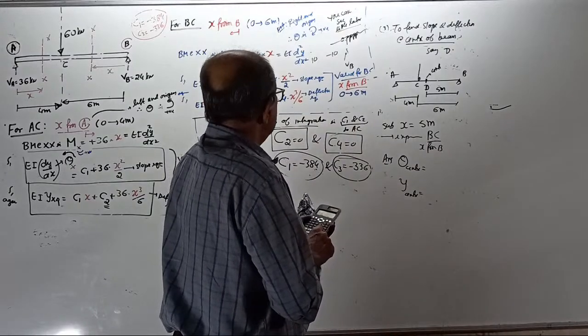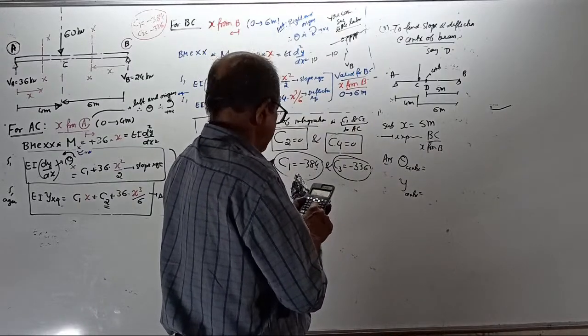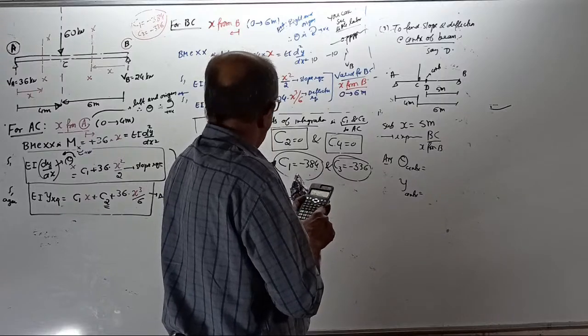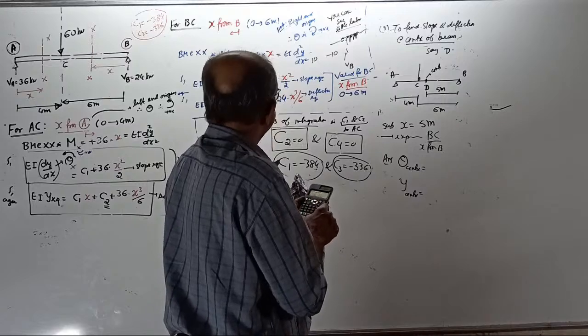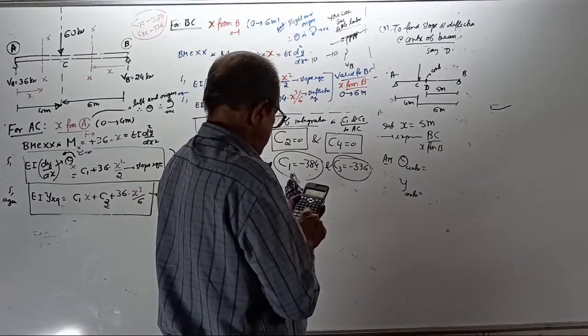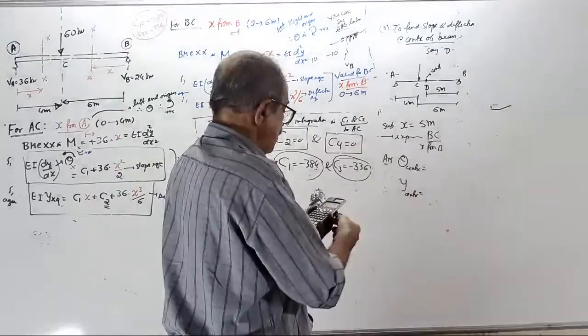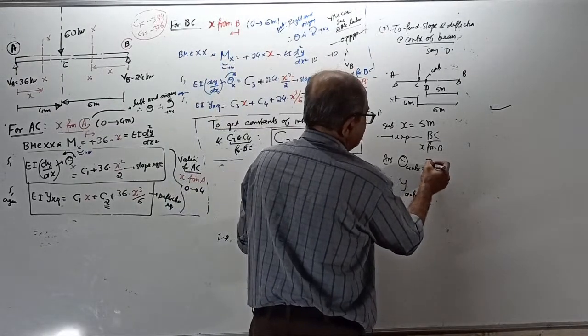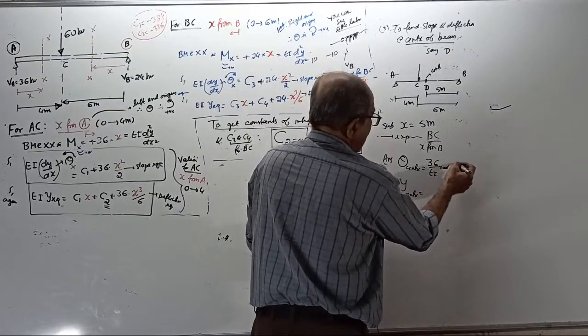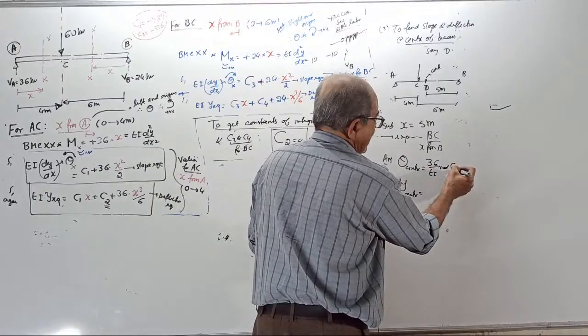C3 is minus 336, plus 24 into 5 square divided by 2. You will get theta, 36 by EI radian, in the anti-clockwise direction.